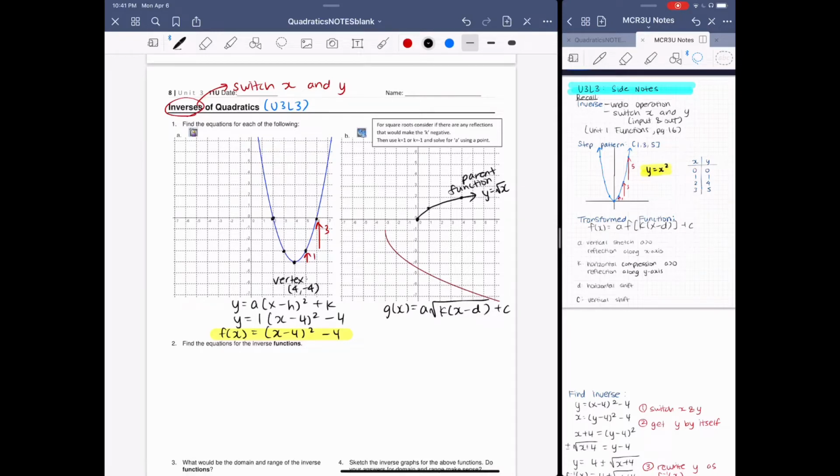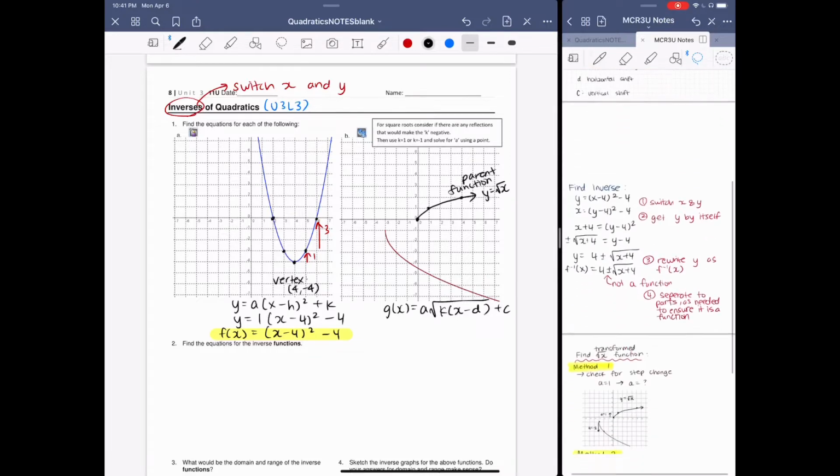It says for square roots, consider if there are any reflections that would make the k negative. Then use k equals 1 or k equals negative 1 and solve for a using a point. One way to look at k is like the reflection along the y-axis. And I noticed that there is no reflection along the y-axis.